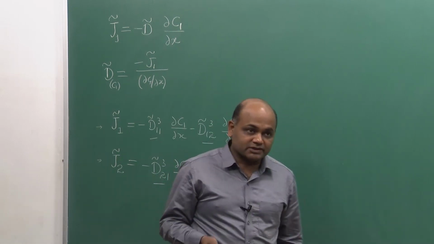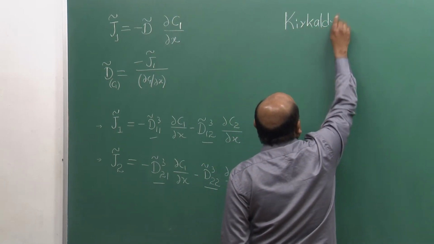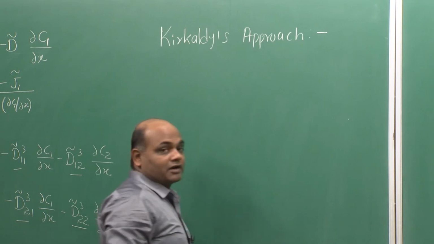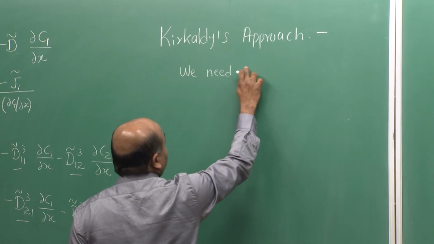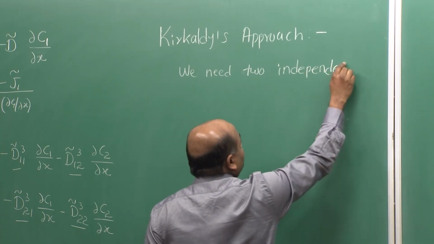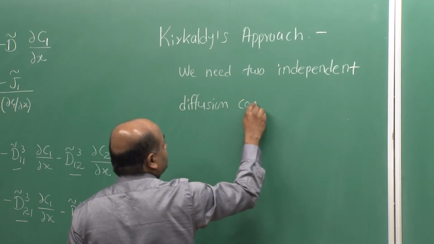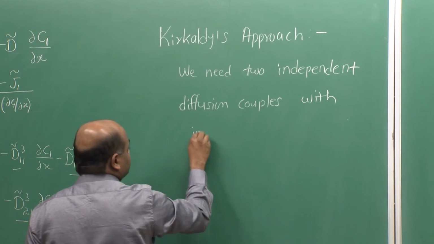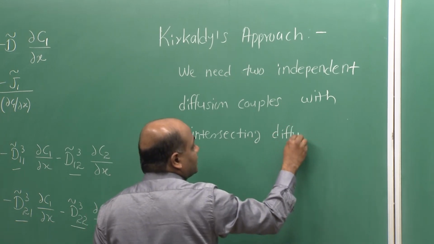So, as per Kirkcaldy's approach, for a ternary system, we need two independent diffusion couples with intersecting diffusion paths.